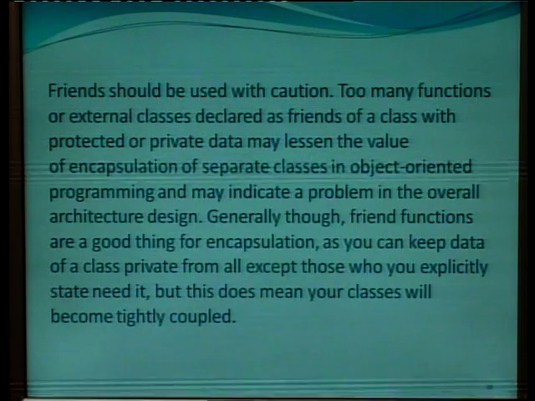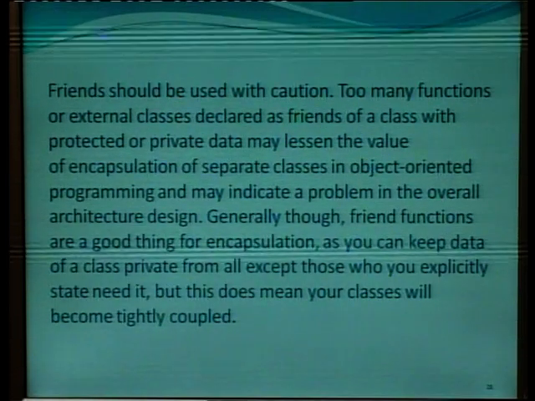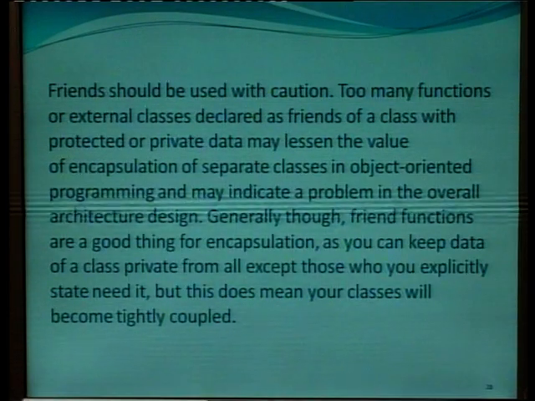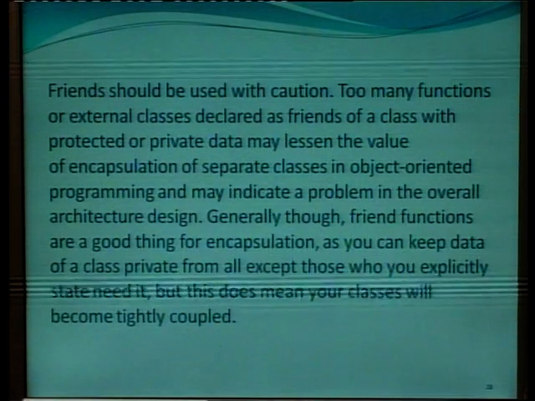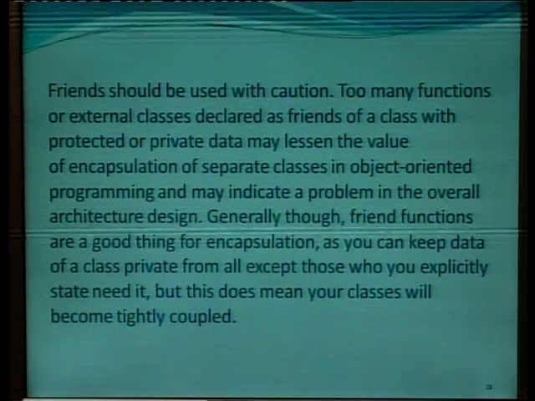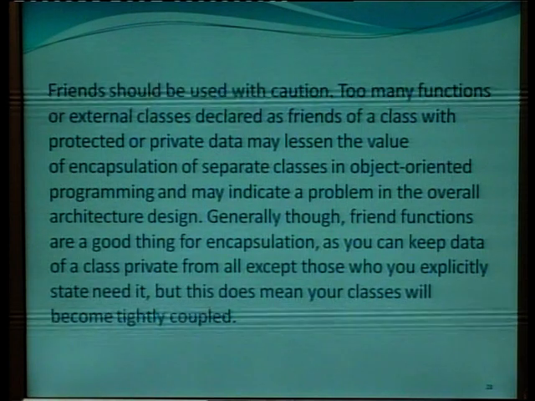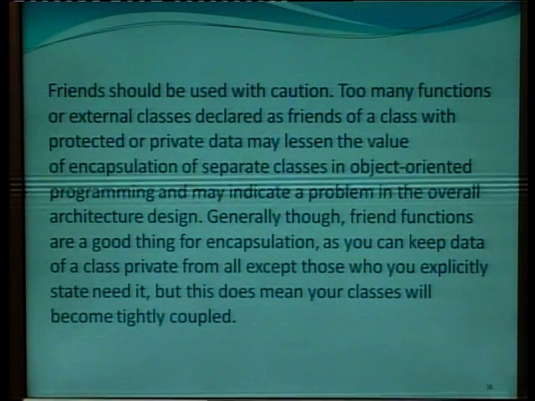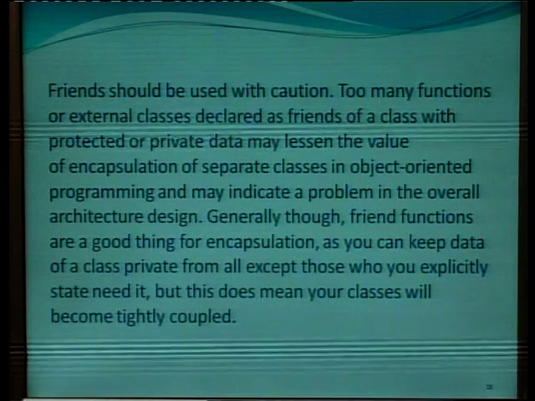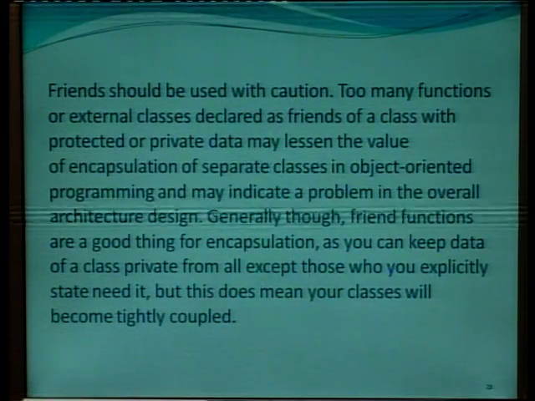Generally, though, friend functions are a good thing for encapsulation, as you can keep the data of a class private from all except those who are explicitly stated as needing it. But this does not mean your class will become tightly coupled. So friend should be used with caution.